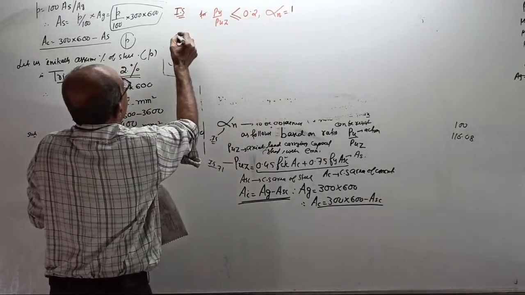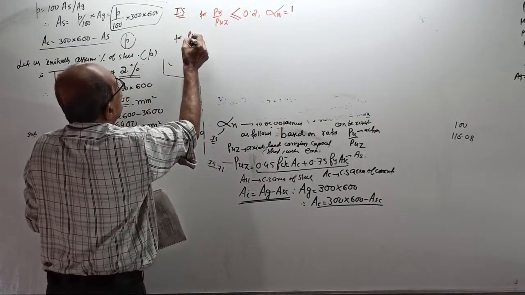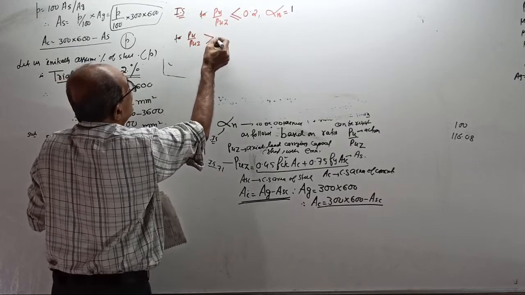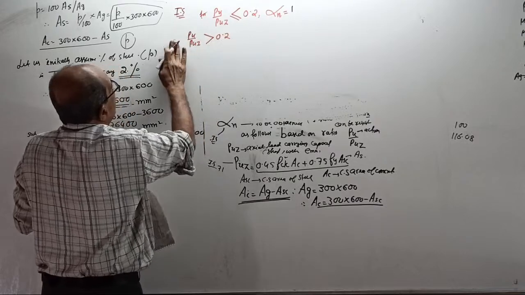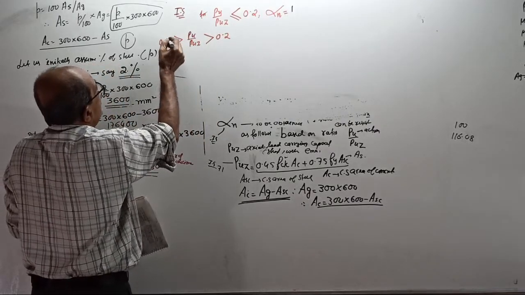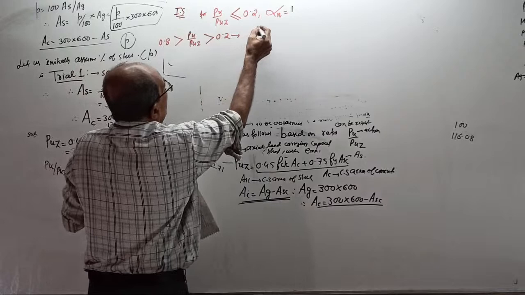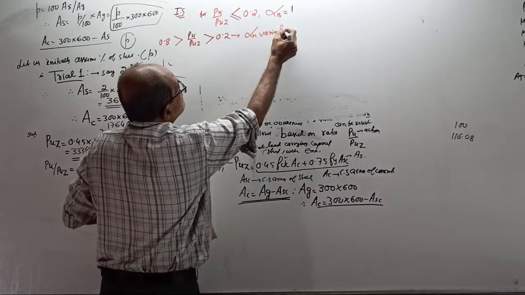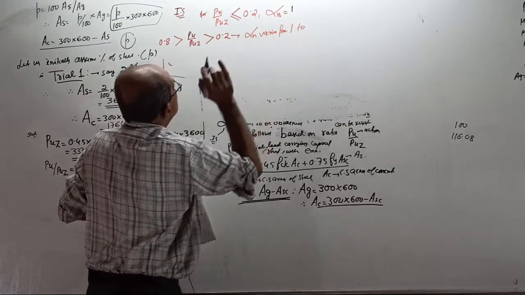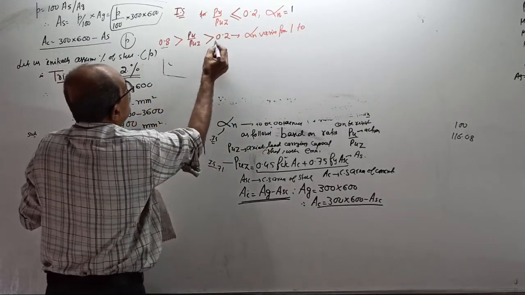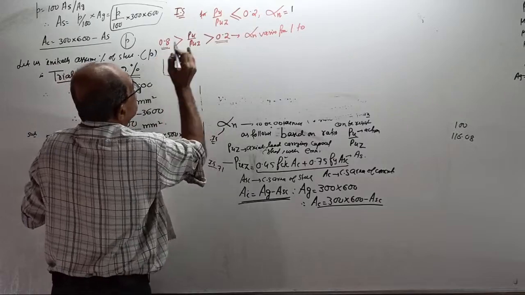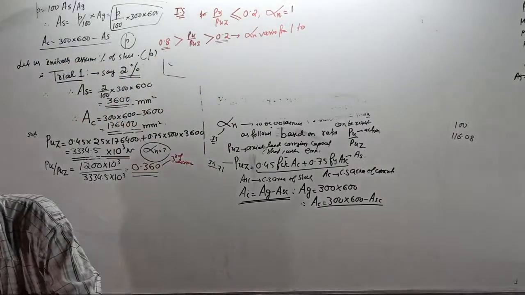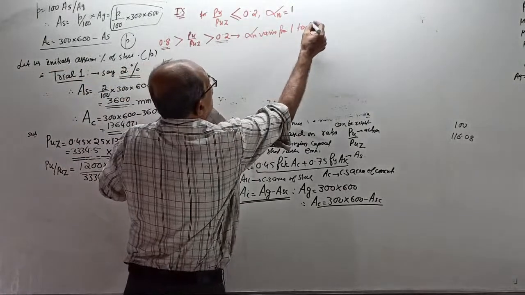And for PU by PUZ more than 0.2 but less than 0.8, alpha n varies from 1 to how much? Answer: 1 to 2.